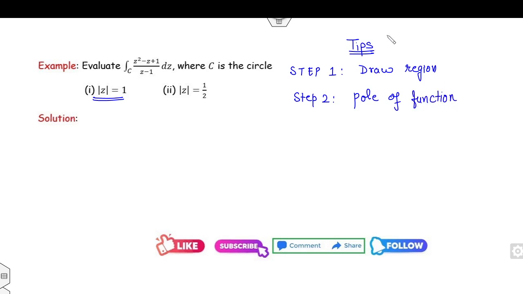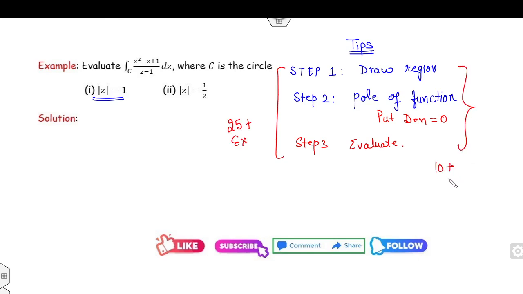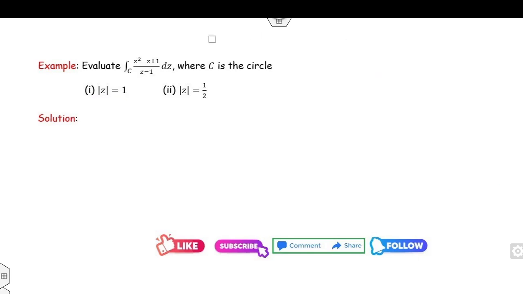You put the denominator equal to 0. And then step number 3, you evaluate the integration. I will use these 3 steps in all those 25 plus examples, and you can also use the same steps for the 10 plus examples that I will give you as an exercise at the end of this lecture.